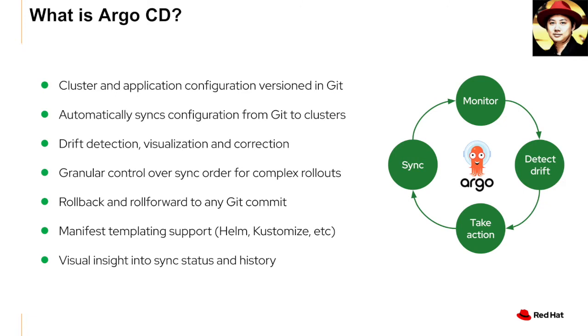Once it detects the drift, it will take action and synchronize your deployment environment with the latest changes. This is a continuous process, so it will go back to monitoring and keep in the loop of this deployment process as shown in this diagram.